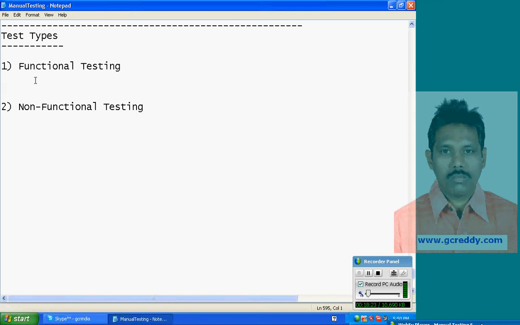Checking functionality means external behavior, checking functionality of a component or system based on requirements.